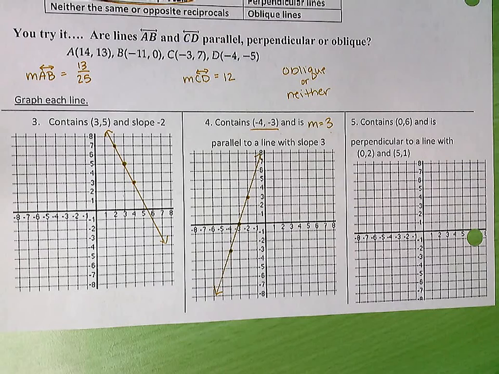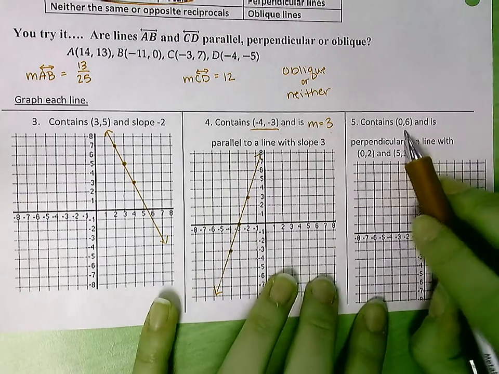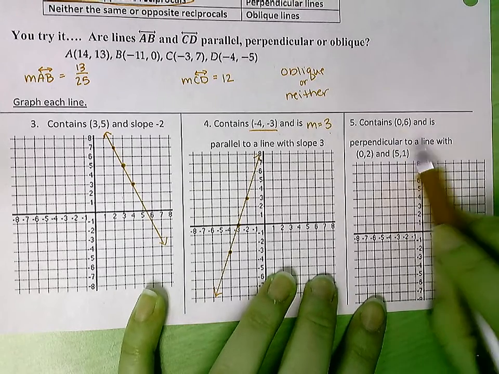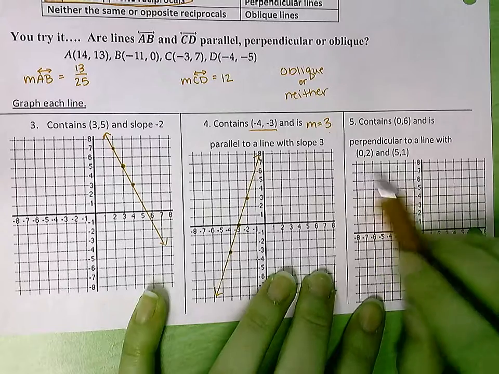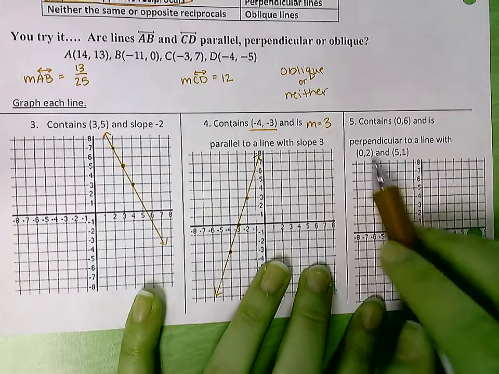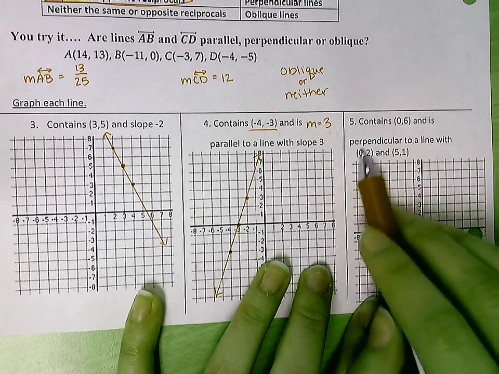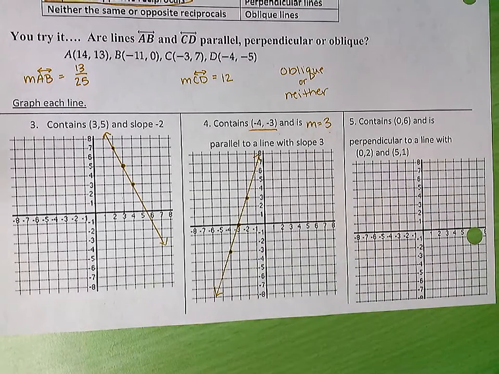Okay, last one. We want to graph a line that contains (0, 6) and is perpendicular to a line with these 2 points. So I need to find the slope of this line. Now, 2 ways you could do this. You can either graph it and then count, or you can use the formula that we had on the front. Okay? Doesn't matter.